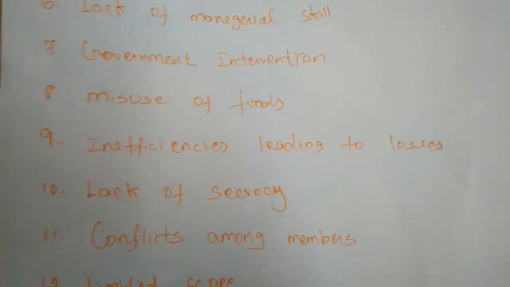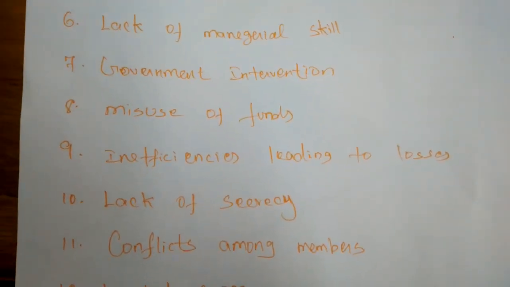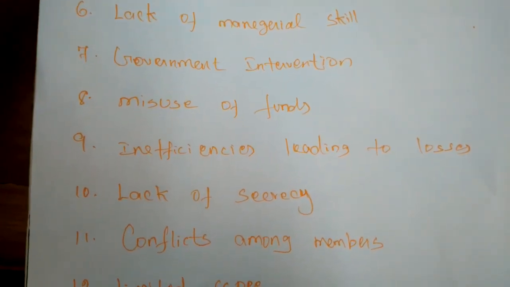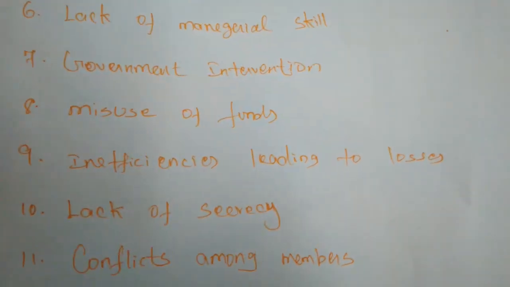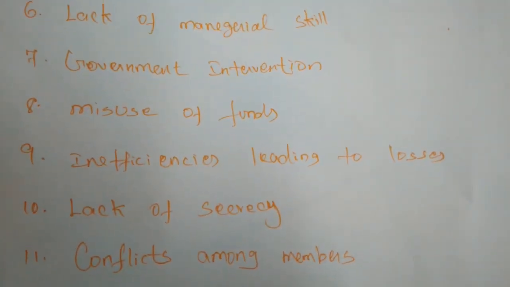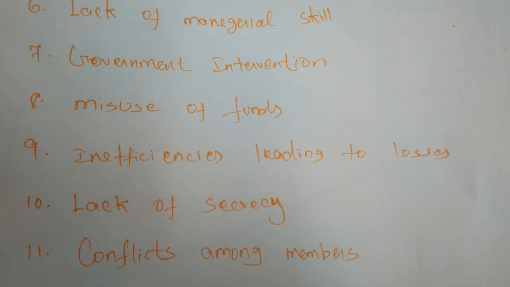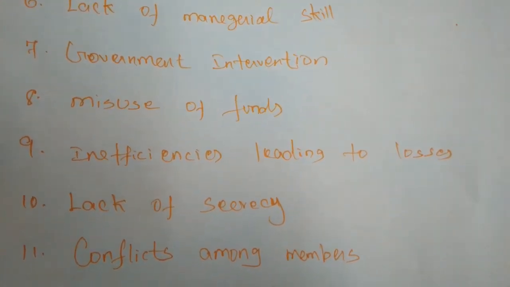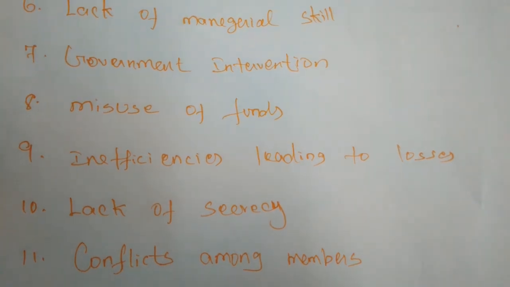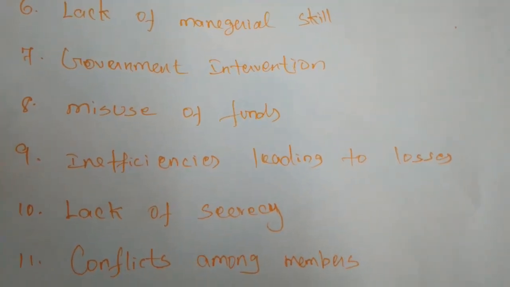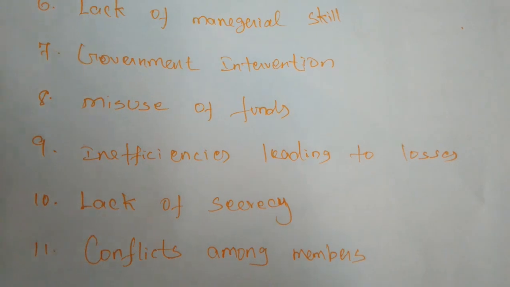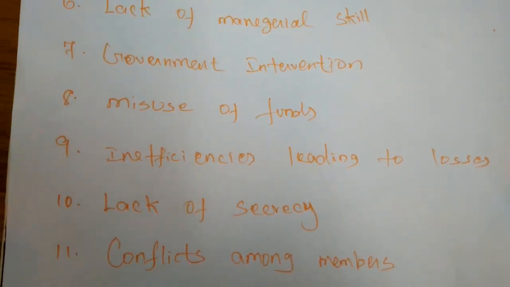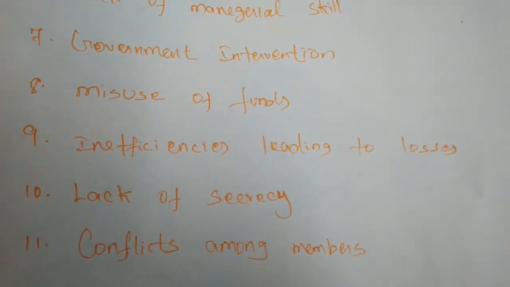The cooperative organizations also will not provide higher remuneration or salary for their labor. If they want to recruit the best or talented persons, they have to provide more salaries, but that is not possible in cooperative organizations. So the cooperative organizations will face losses because of the inefficiencies.